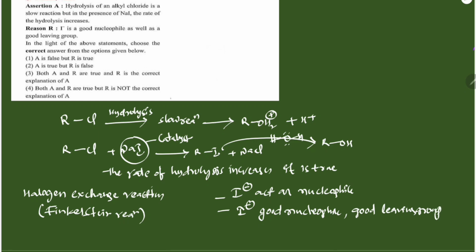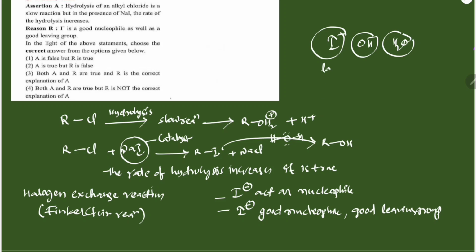Why does I minus act as a good leaving group? See, for example, I minus is there, OH minus is there, and H2O is there. The one which has larger size easily leaves.